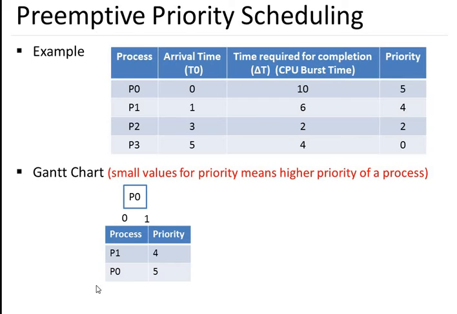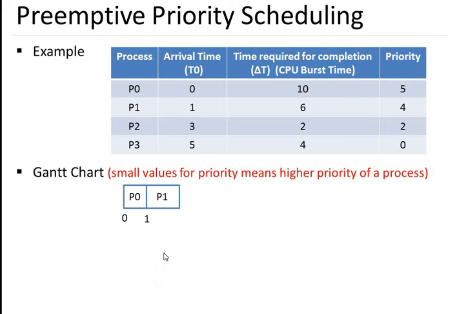In the queue you have two processes, P0 and P1, but P1 is 4 and P0 is 5, so P1 has higher priority compared to P0. That's why process switching will occur, and from now onwards P1 will be executed, until time 3.